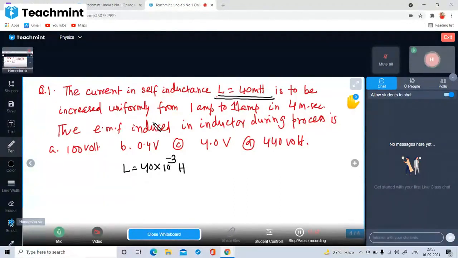The current is to be increased uniformly from 1 ampere to 11 ampere. That means current is changing from 1 ampere to 11 ampere. So dI, that means 11 minus 1 is 10 ampere, by dt, that means 10 ampere per 4 millisecond. Milli means 10 to the minus 3.